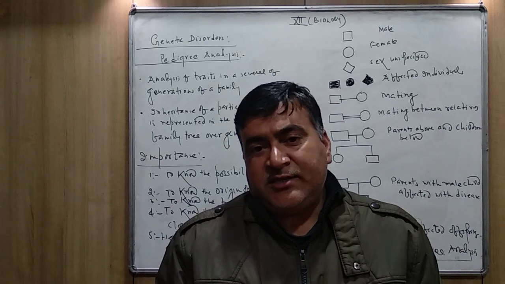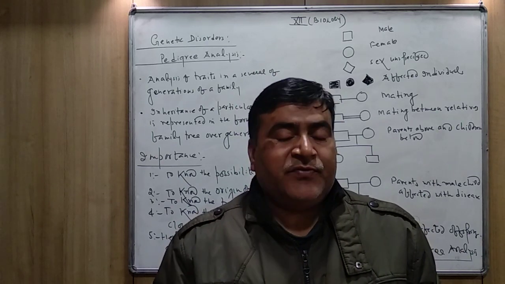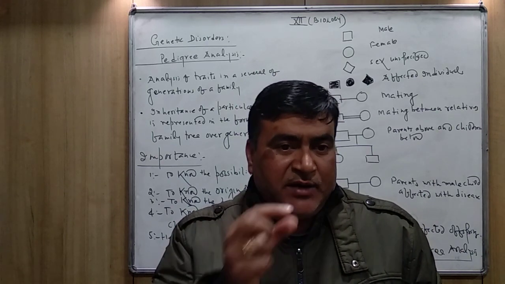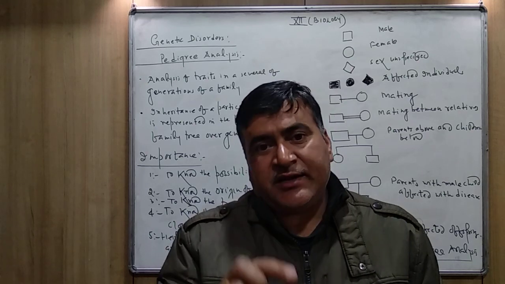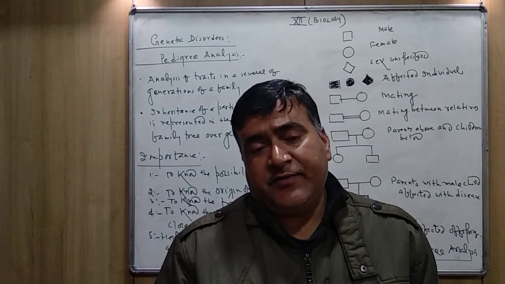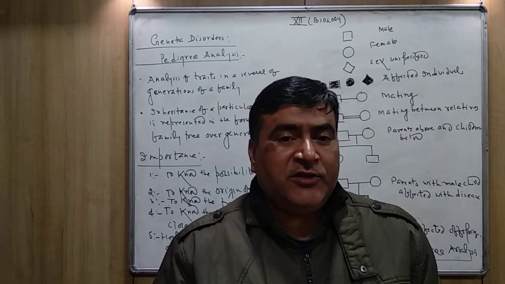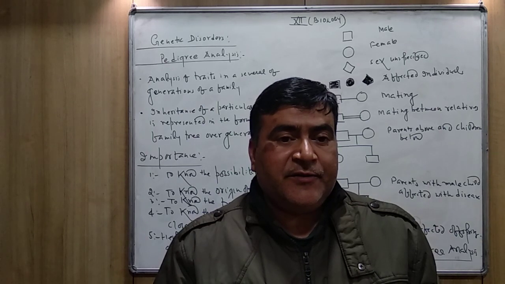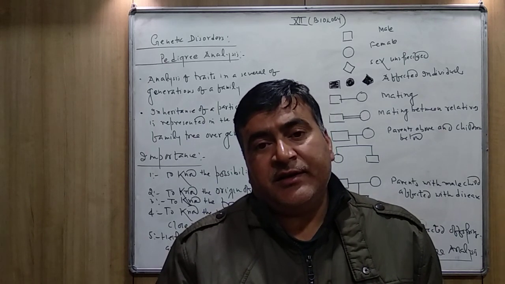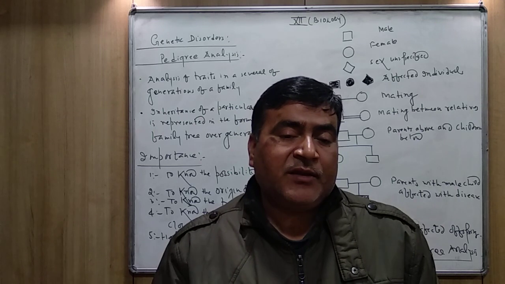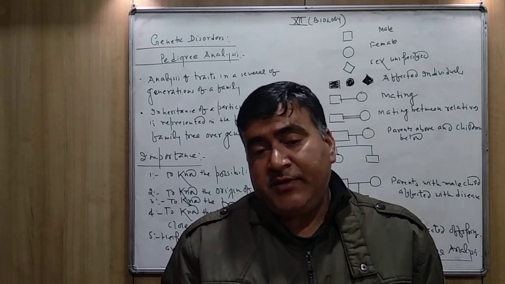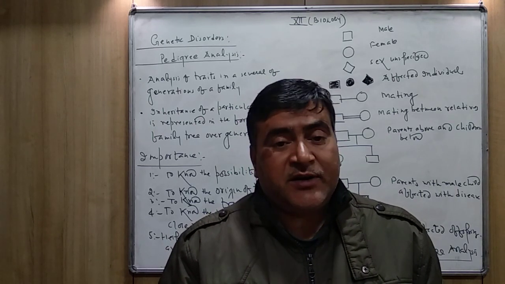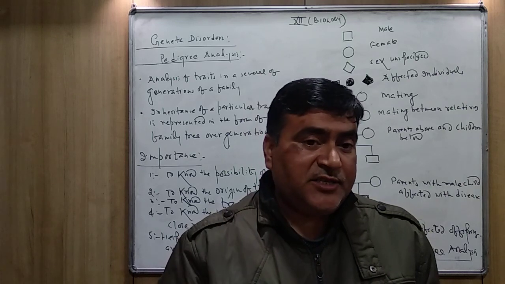In pedigree analysis, later on I will teach you some of the symbols, and through the diagram you can predict how the traits run in a family, who may be the sufferer of that particular trait or disease.